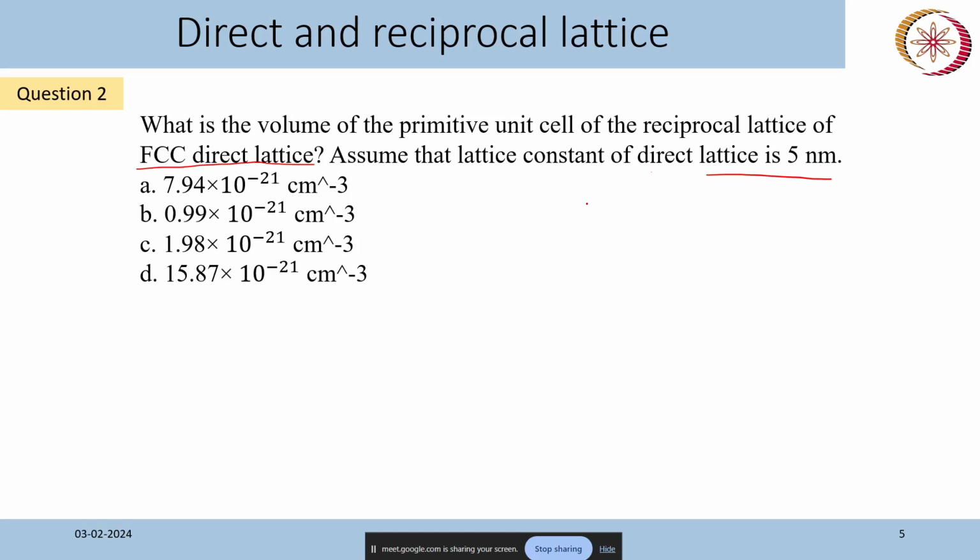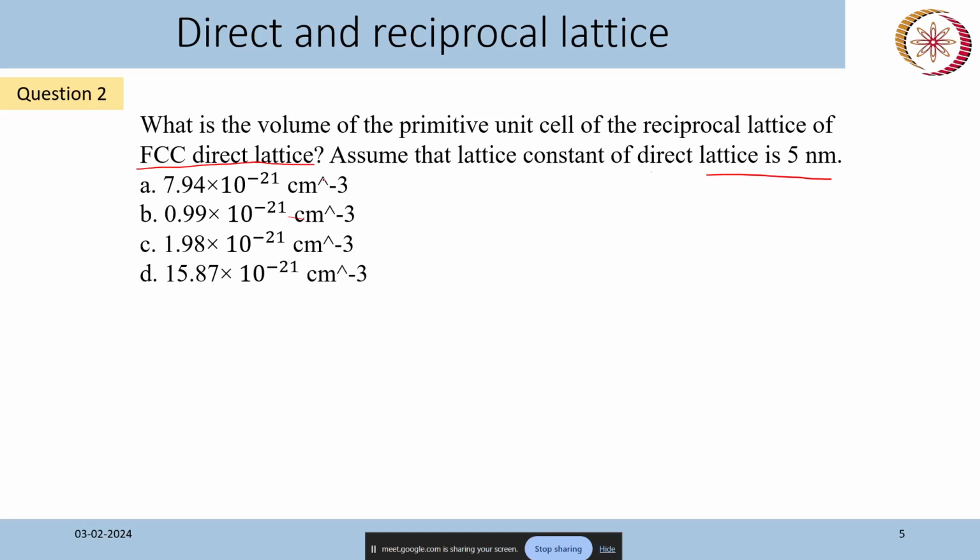Okay, so let's start. So what is given? It is an FCC direct lattice. I will do a few more steps here. You can get it with much fewer steps, but for clarification I will explain from the direct lattice, FCC direct lattice.